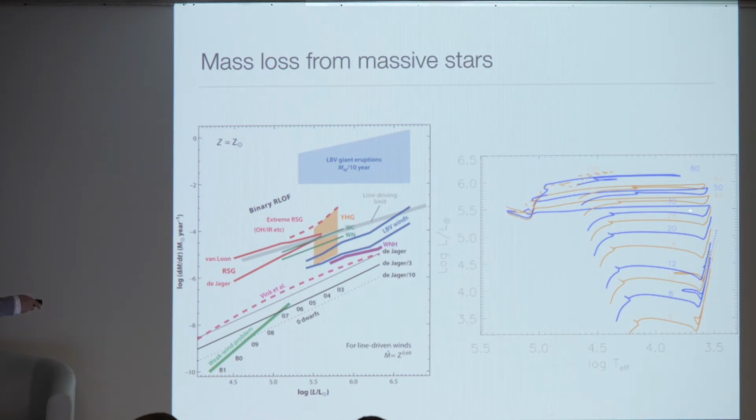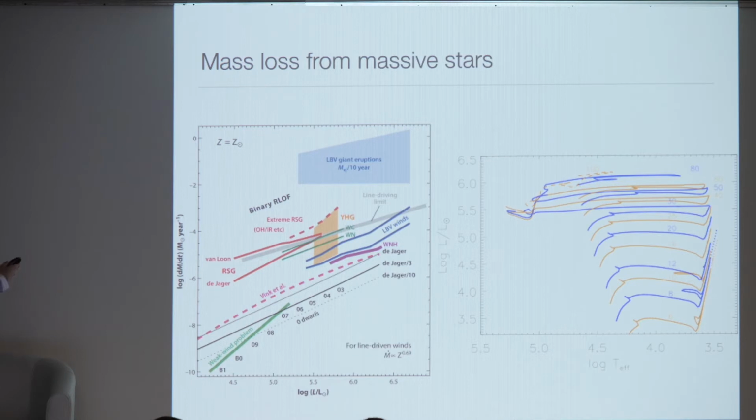But if the mass is large enough, then this mass loss rate gets extremely high, so that the hydrogen-rich envelope, the hydrogen in the star, will be lost entirely. And then because of the loss of this hydrogen envelope, we basically start to see the helium layer, and that will shrink the star, and the star will be something called a Wolf-Rayet star.